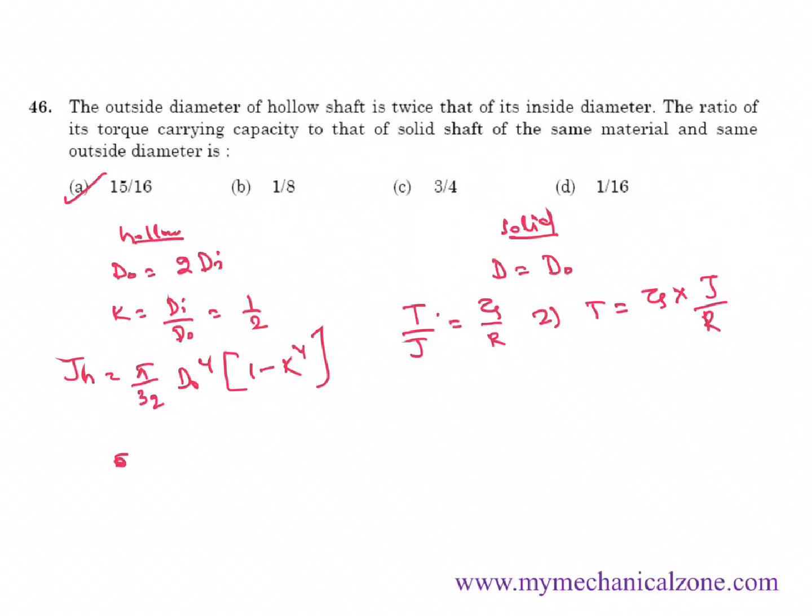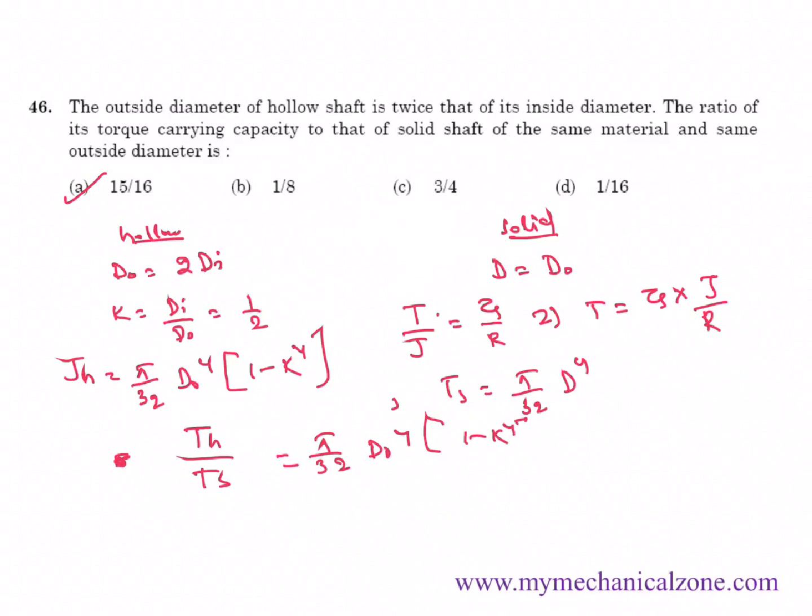Then J in case of solid is pi/32 D to the power 4. So torque carrying capacity we have to calculate, TH by TS: pi/32 DO to the power 4 (1 minus K to the power 4) over pi/32 D to the power 4. R will cancel, so I am not writing that term.